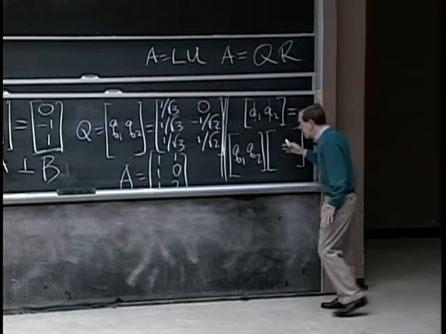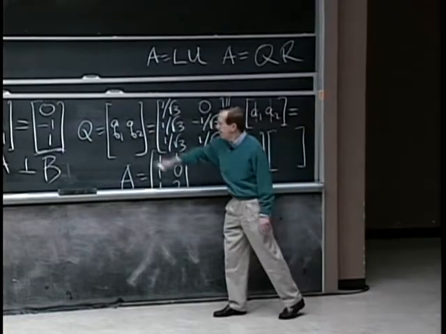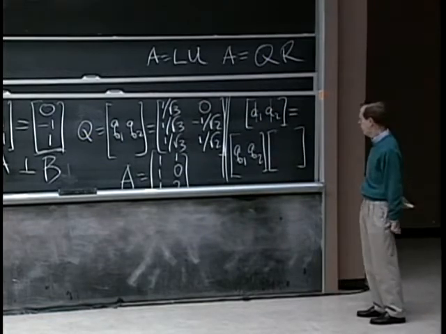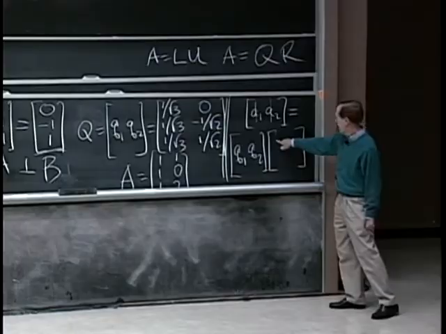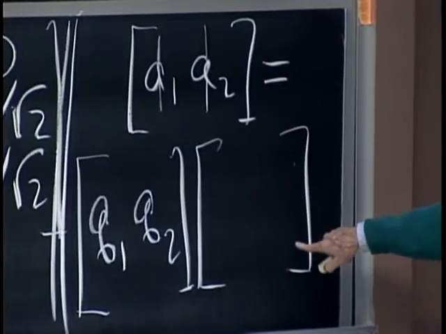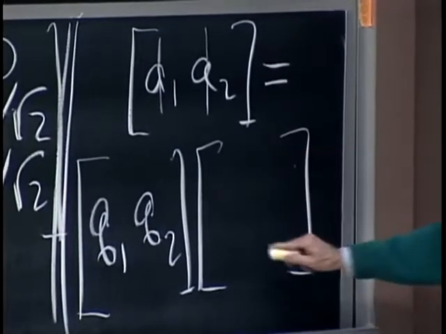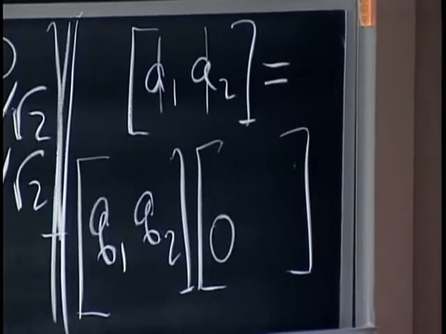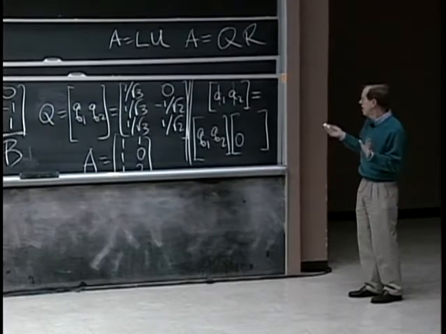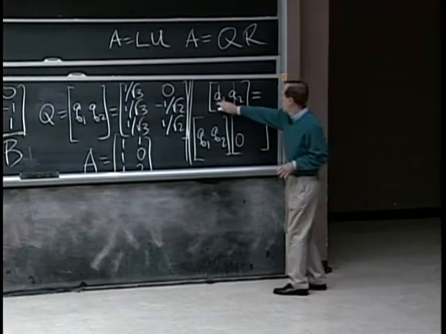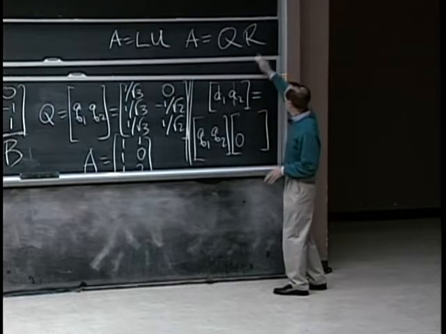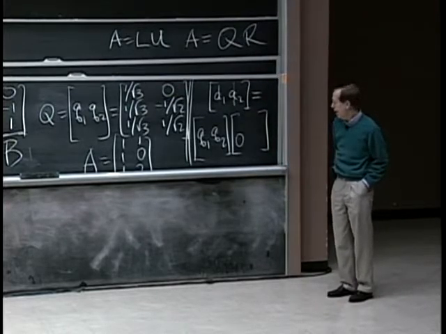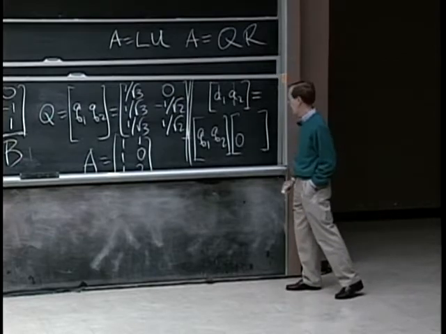This matrix just includes in it whatever these numbers are, like 1 over square root of 3 and 1 over square root of 2. Probably that's what it's got. But actually, it's got a 0 there. So the main point about this A equals QR is that this R turns out to be upper triangular.